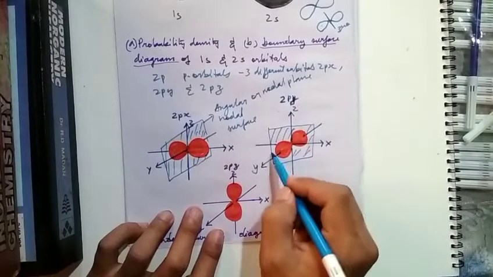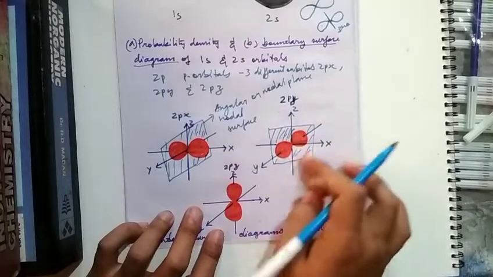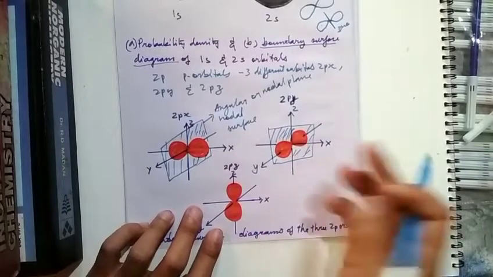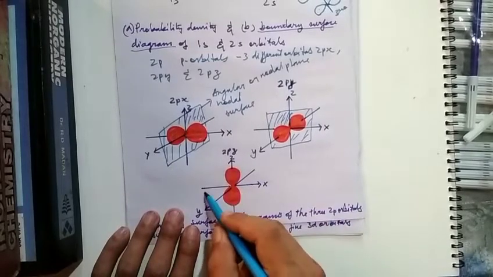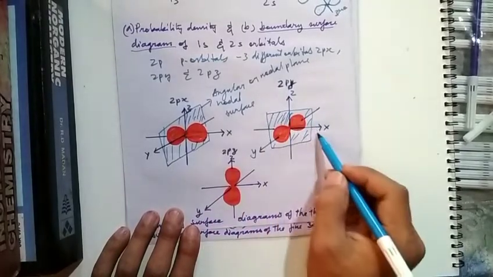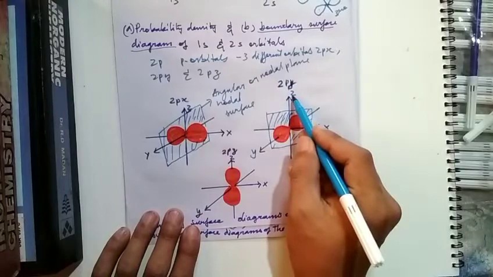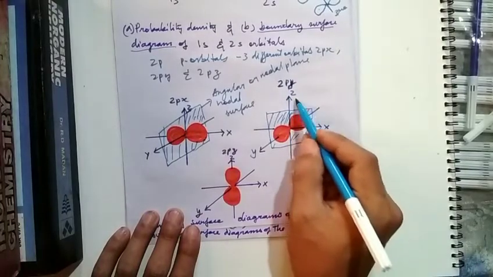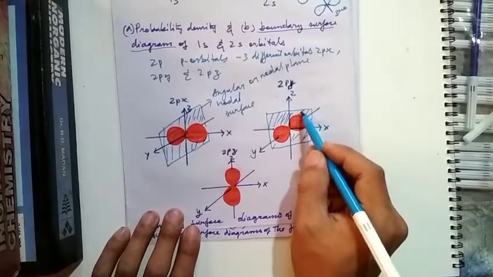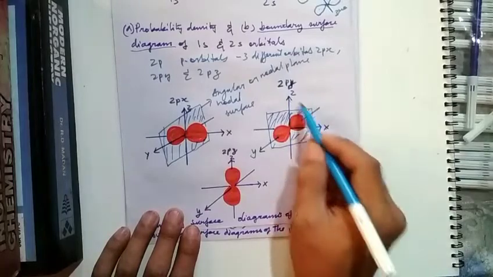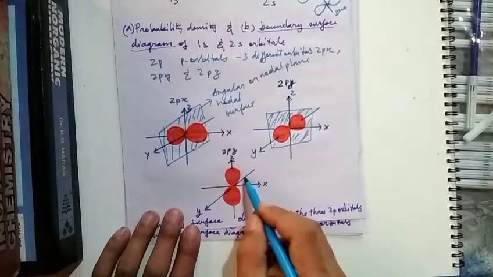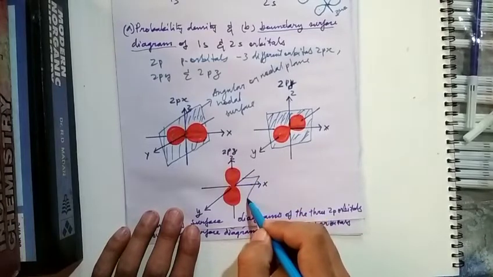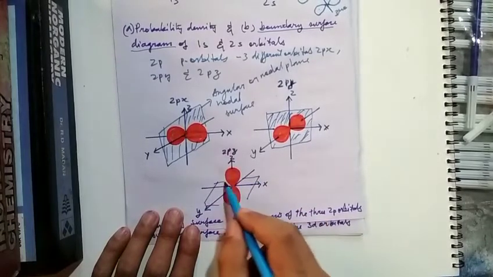Along this plane the probability of finding the electron will be 0. For this case the plane will be along the z and x-axis. For 2pz, the plane will be along the x and y-axis.